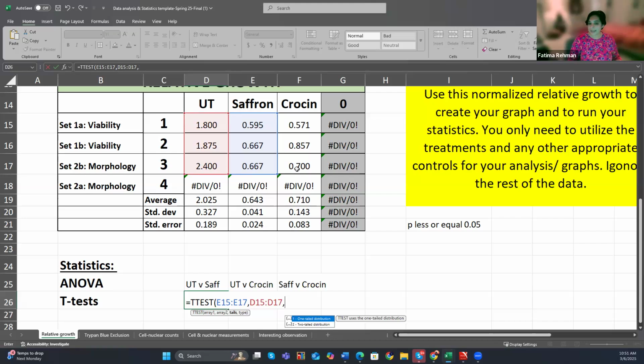The next question it asks is, is it a one-tailed or a two-tailed distribution? Does anyone know what that means? How do we decide if it's a one-tail versus two-tail distribution? Is it dependent on the variables you're looking at?